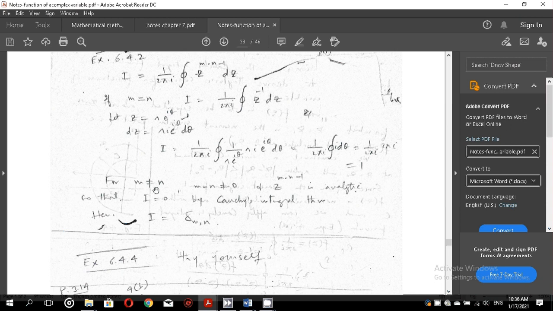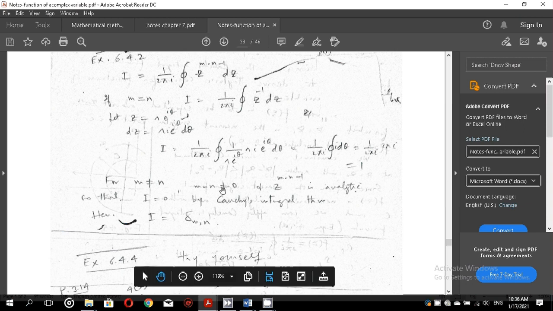And the second case, if m is not equal to n, then m minus n is not 0, and therefore z to the power m minus n minus 1 will be analytic, and you know that the integral of an analytic function around a closed path is always 0.